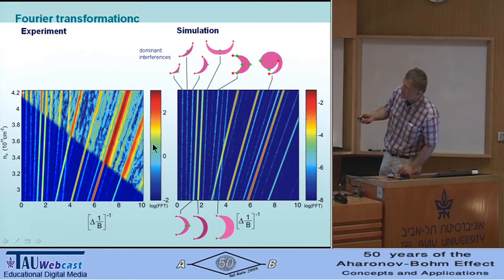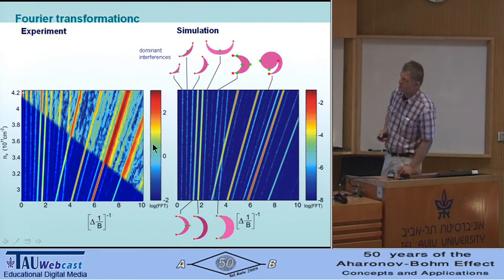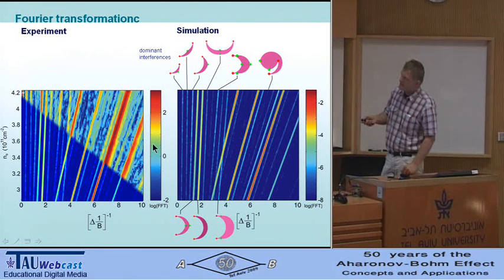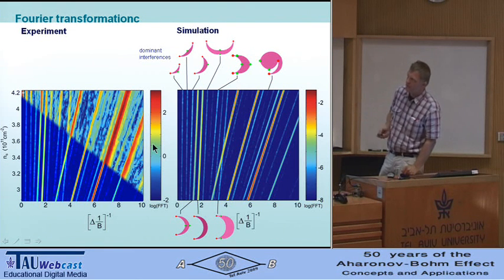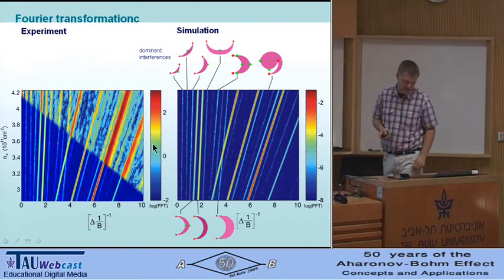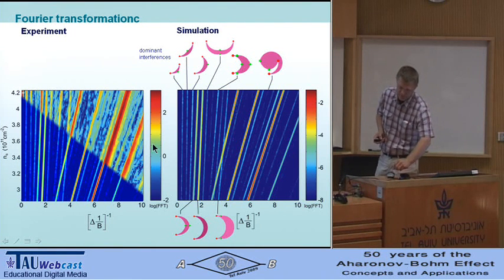And in particular, these lines here at small values of the inverse periodicity that have a much steeper, weaker dependence on the density correspond actually to these two-path interferences that I was explaining before. And it's only by including these two-path interferences that we can account for this data in this lower portion of the Fourier spectrum.